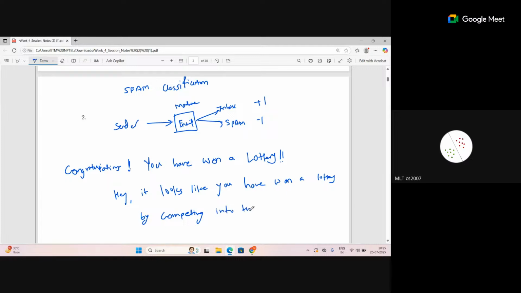Something like that. So what do you think? This looks like a fishy email, and this looks like a message sent by a friend. Or let's say it is not an email, it is a text content.